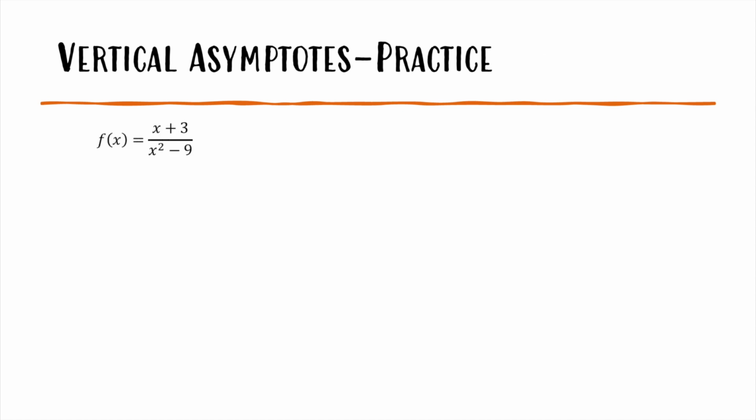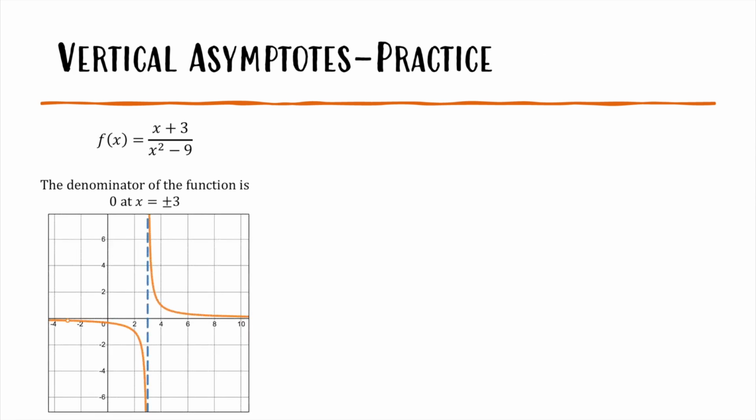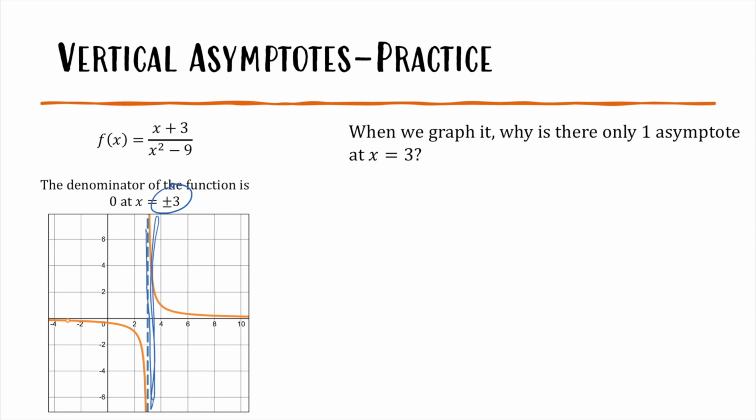x plus 3 over x squared minus 9. Okay, so the denominator of this function is 0 at x equals plus or minus 3. But wait a second, that's two numbers. And if you graph it, you only get one asymptote. So why is there only one asymptote at x equals 3?